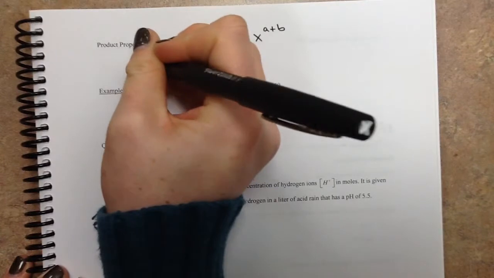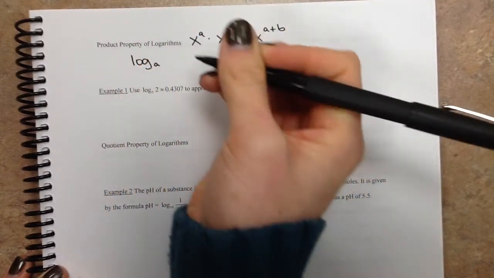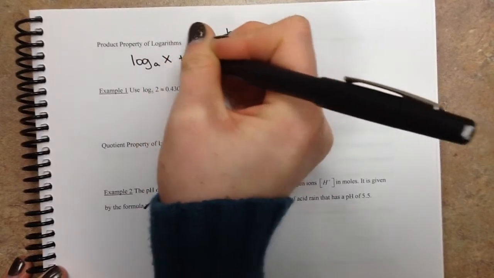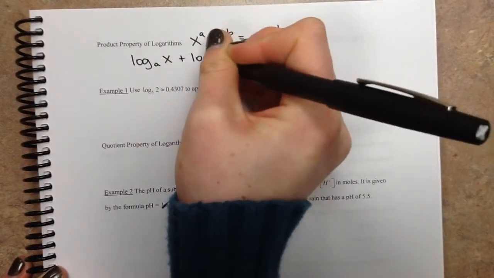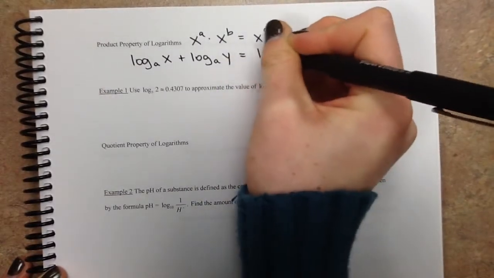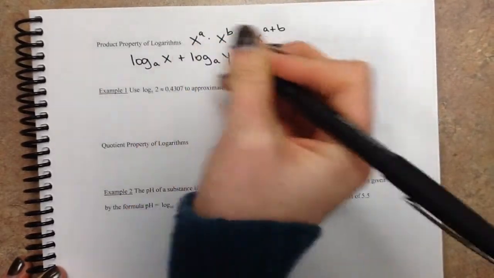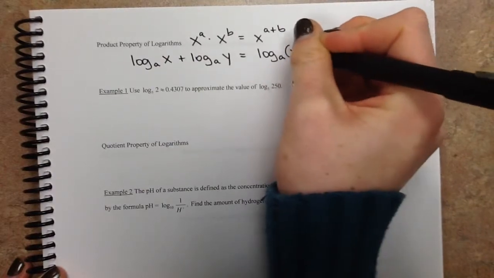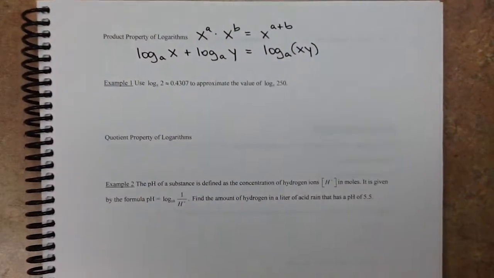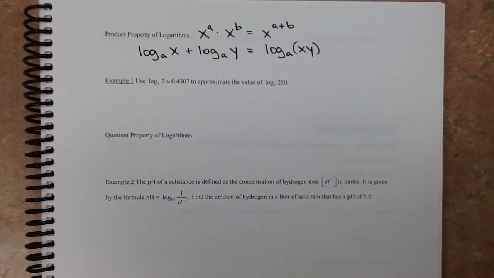If we have log base a of, let's say, x, plus log base a of y, my product property tells me that I can take the x and the y and multiply them together on the inside like this. The reason that we're relating it back to this is because remember, logarithms are exponents.